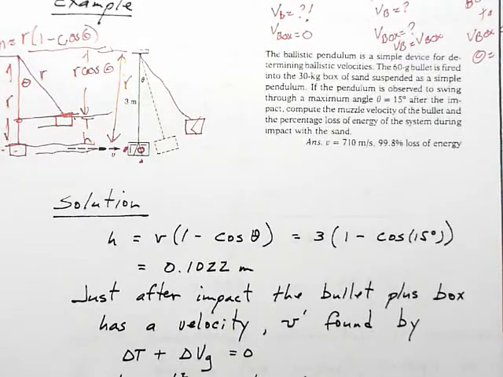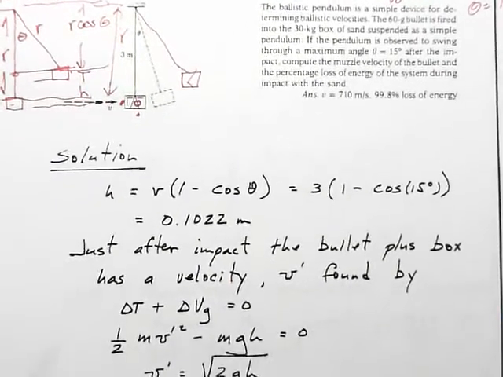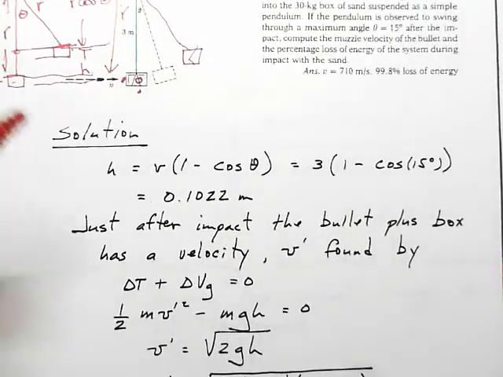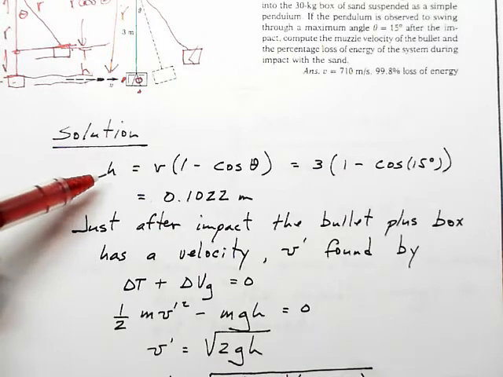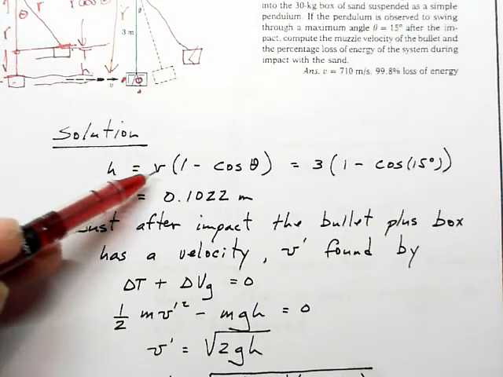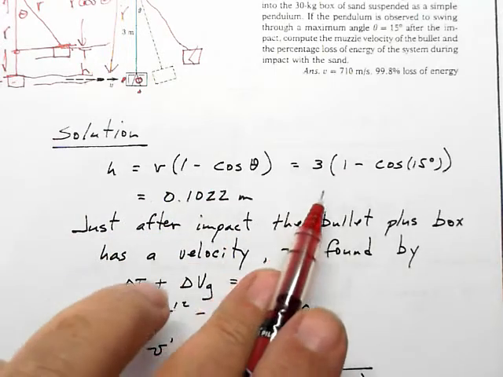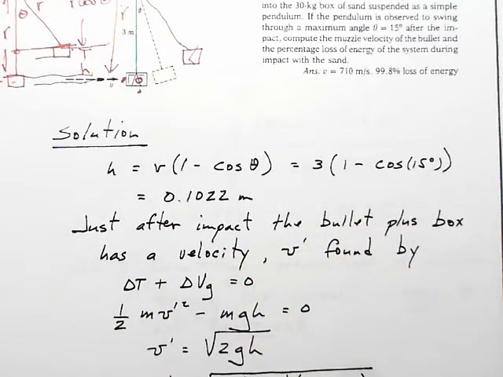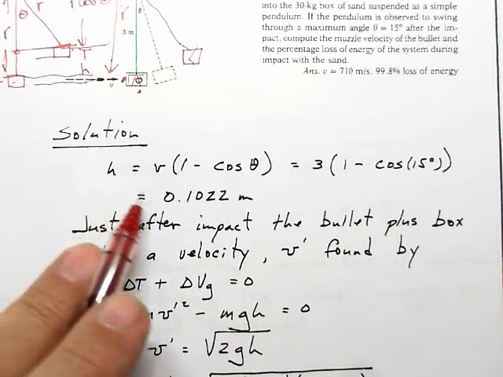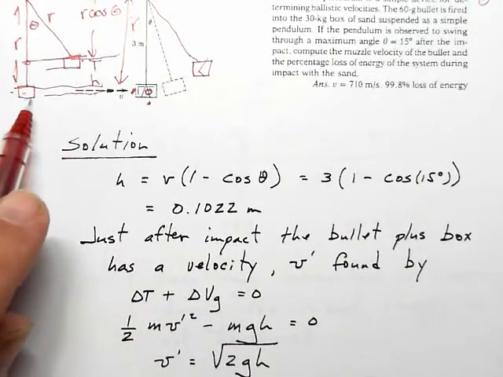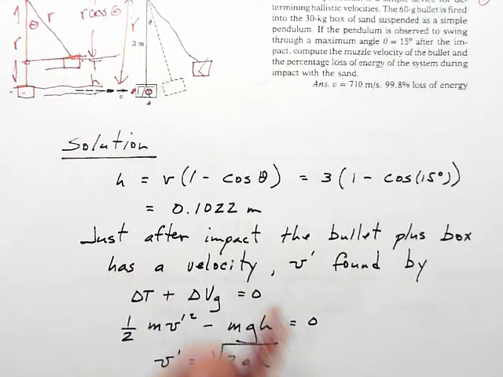And so, our energy equation is going to involve the height. So let's just calculate the height all by itself. It is r times 1 minus cosine of theta. R is 3, theta is 15 degrees. So the height through which we swing from the bottom of the problem to the highest point is 0.1022 meters. Okay?